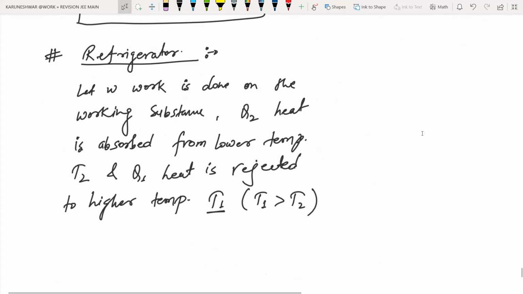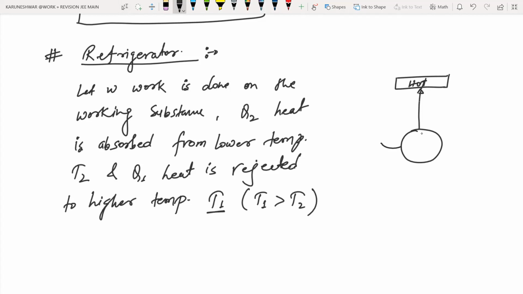And you will have the coefficient of performance for the refrigerator, and how you can find it. So this is the diagram: let's suppose this is the hot reservoir, and here we have the compressor.